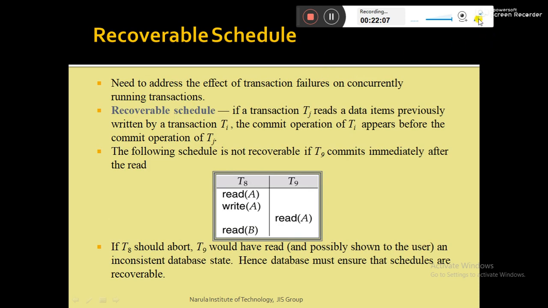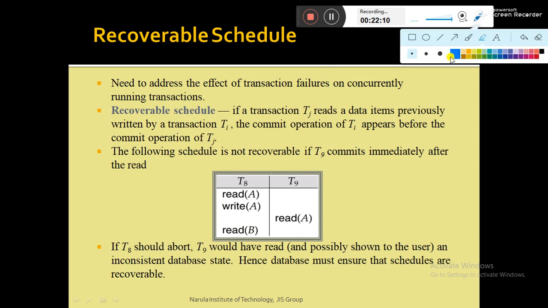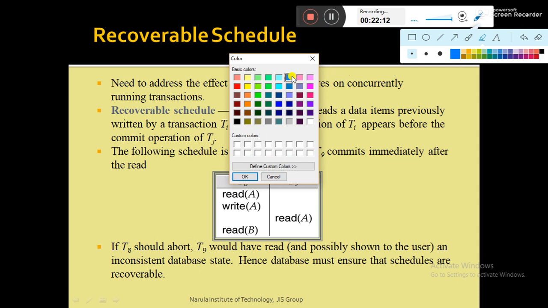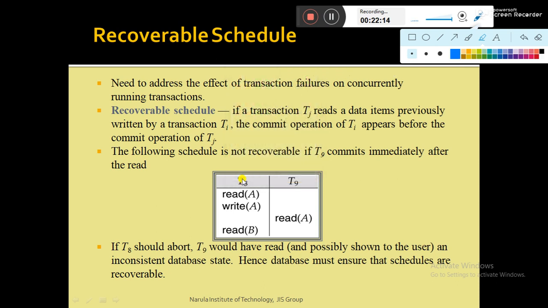The next topic is recoverable schedule. Before discussing what a recoverable schedule is, let's recap something. Suppose a transaction is executing in a system. I have already discussed that not every transaction is supposed to complete successfully. Some transactions fail to complete their execution successfully.